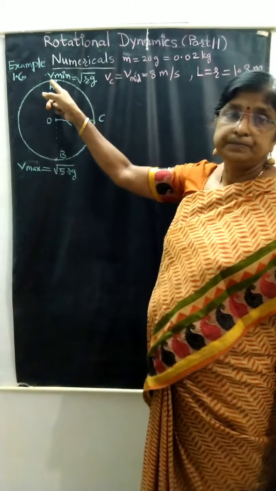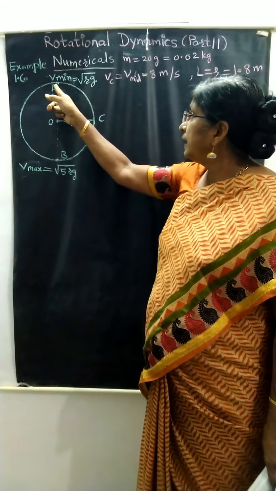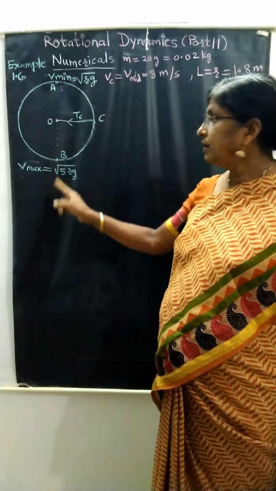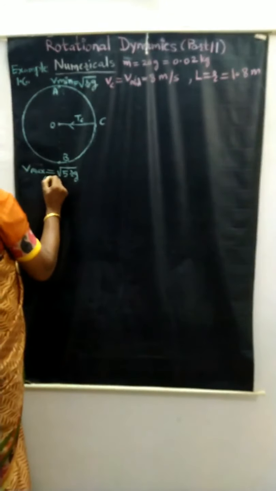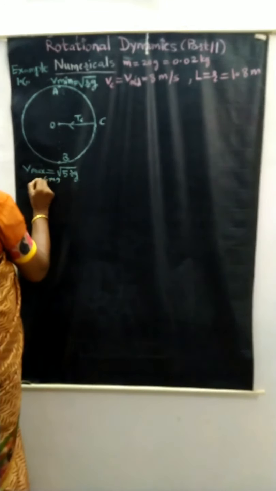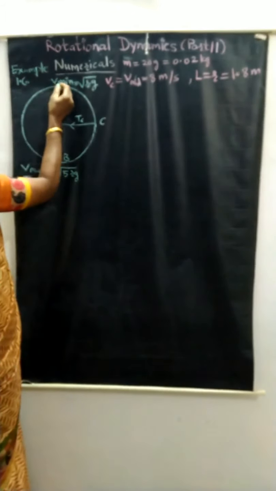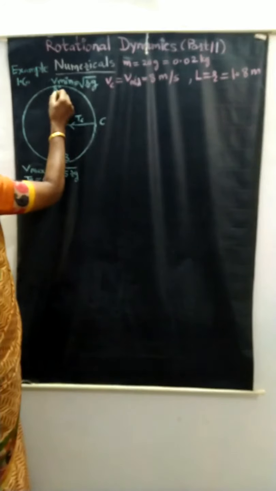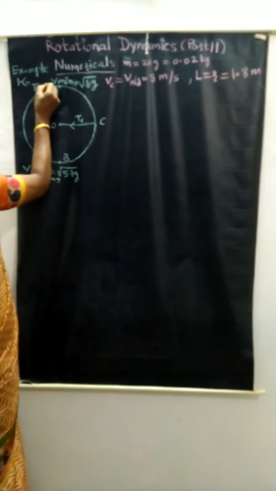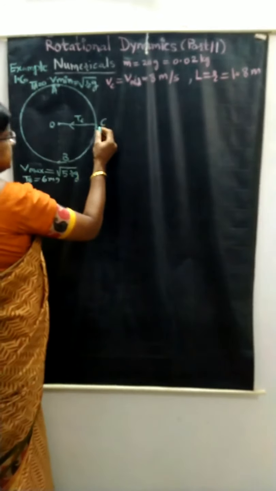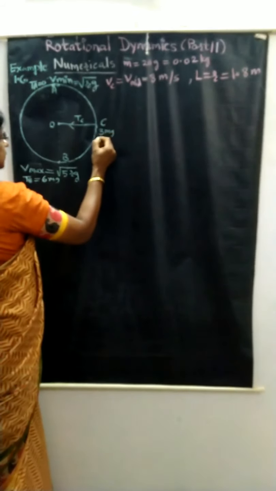If we consider the tension T equal to 0 at point A, then the tension at the bottom point comes out to be 6 mg. That we know. This 6 mg is the tension at point B. And at point C, the tension comes out to be 3 mg.